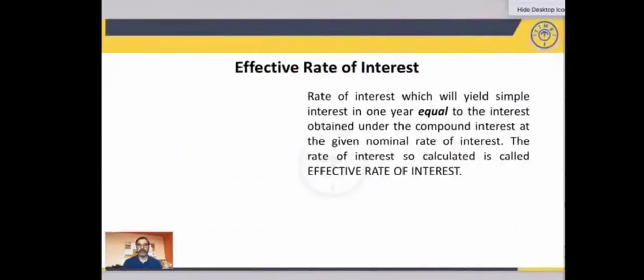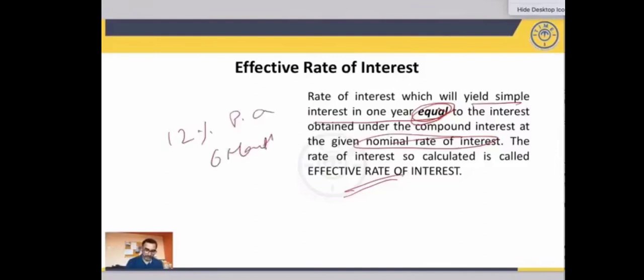Now when you look at the effective rate of interest, the rate of interest which will yield simple interest in 1 year equal to the interest obtained on the compound interest at the nominal rate of interest is called the effective rate of interest. That means in a question they say, let us say 12% per annum compounding done every 6 months.